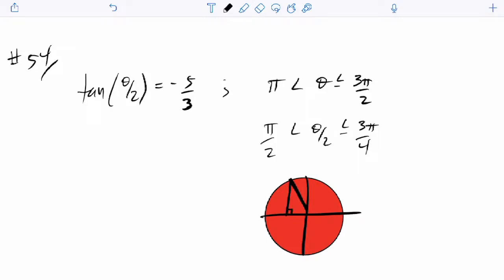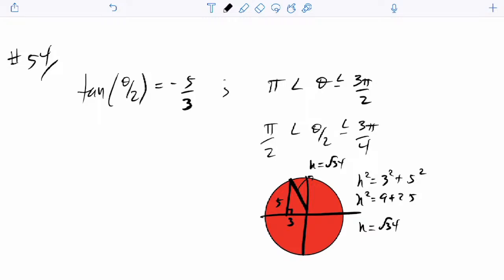So you've got your triangle. Opposite and adjacent is going to be this. My hypotenuse here is going to be 3 squared plus 5 squared, which is 9 plus 25. So your h value is the root of 34.